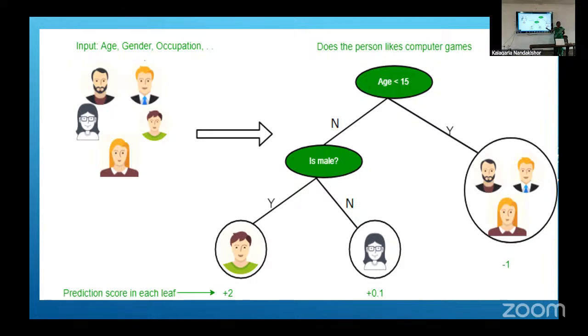Age less than 15. What are the different images that come under age less than 15? Does this face look like less than 15? Does this face look like less than 15? No. Stand up.